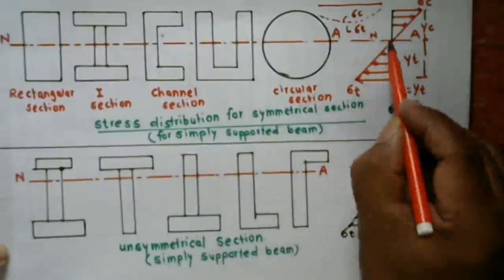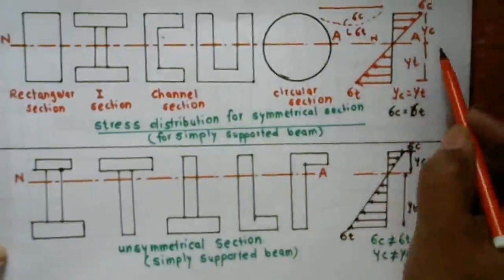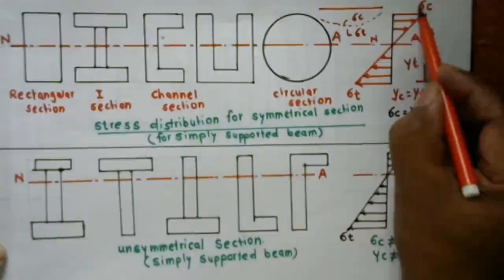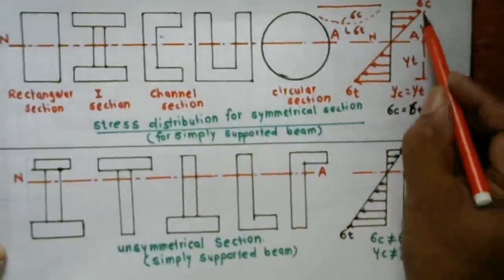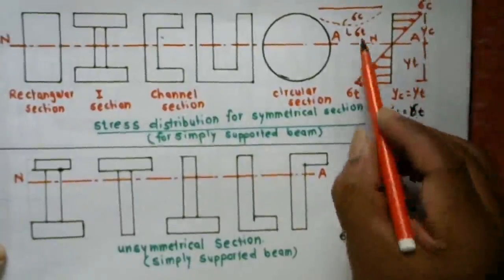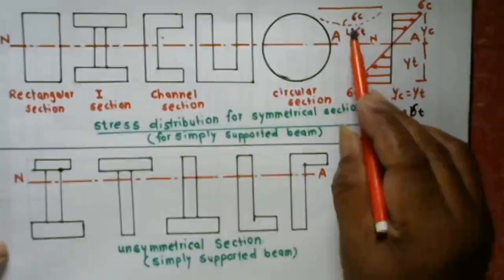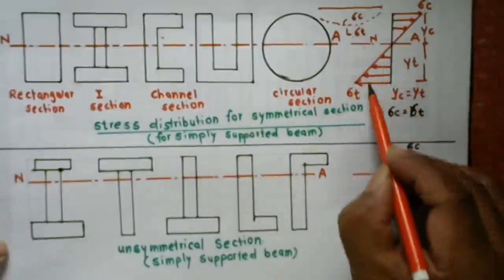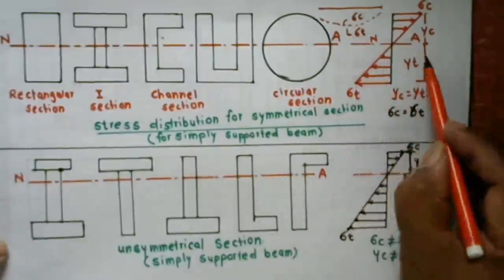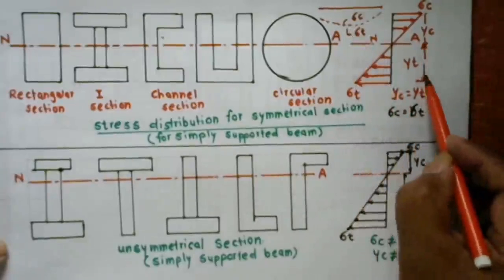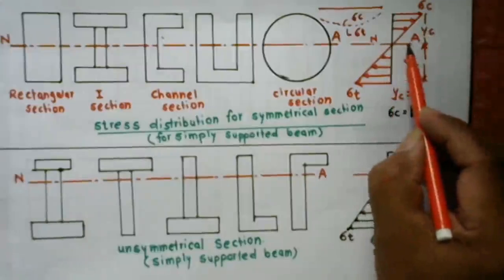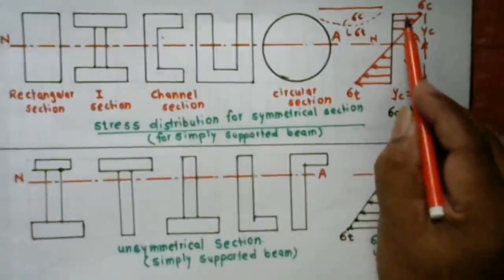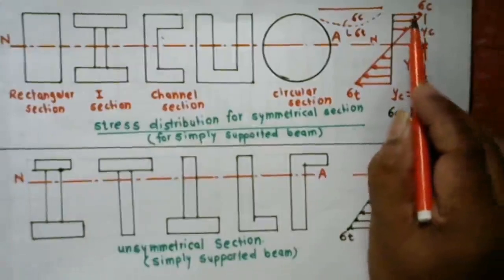Compressive stresses act above the neutral axis, and this distance is YC, whereas tensile stress acts below the neutral layer, and that distance is YT. YT and YC mean the distance from the neutral axis up to the outer fiber of the section.